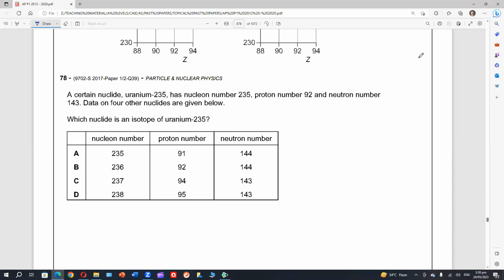A certain nuclide uranium-235 has a nucleon number 235, proton number 92, and a neutron number 143. Data on four other nuclides are given below. Which nuclide is an isotope of uranium-235?